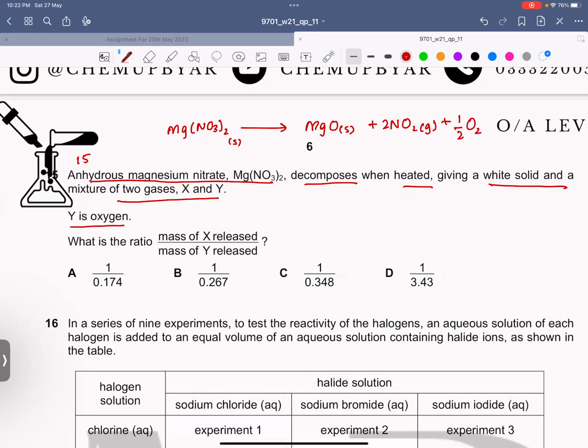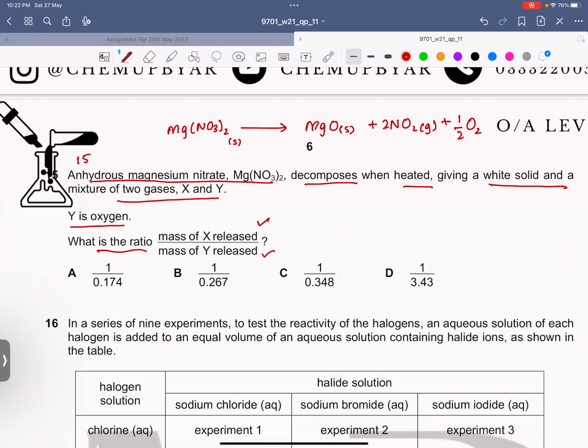What is the mass ratio of mass of X released over mass of Y released? If you look at the balanced equation, you can easily identify that 2 moles of nitrogen dioxide are being formed, which means nitrogen is 14 and there are 2 oxygens, 32.